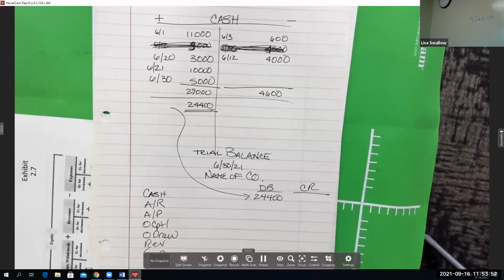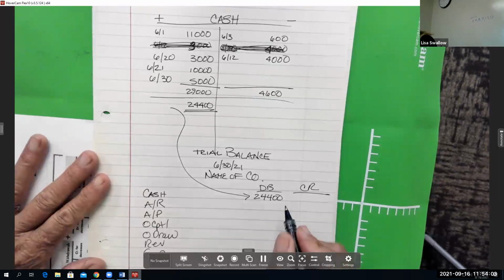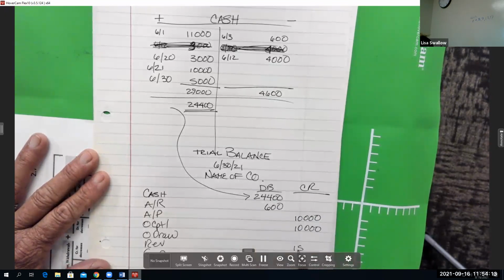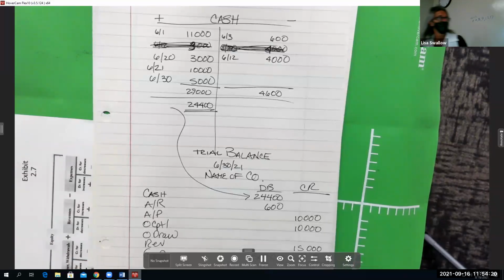Now, I don't want to take the time to do this, but I'm just going to make up some numbers. Say this is what it looks like. Okay, just a second. Write that in, balance the trial balance, and then set up your models for a balance sheet, an owner's equity, and a P&L.